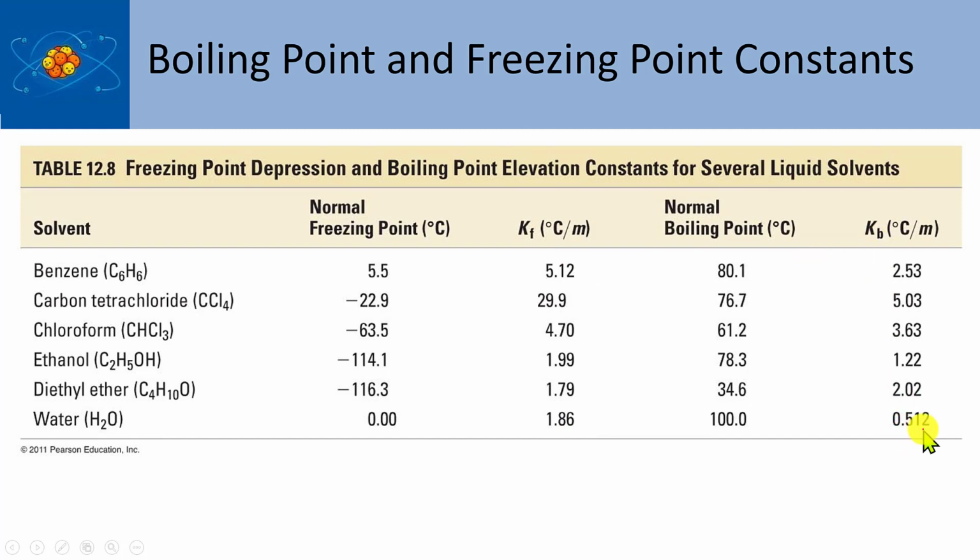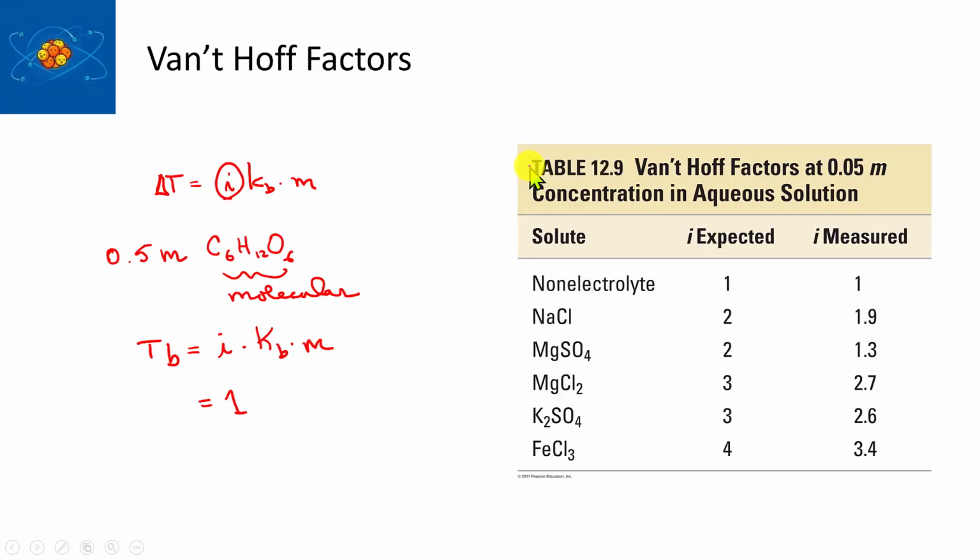It's 0.512 degrees Celsius per molality unit, and then we would multiply that by 0.5 m. So that comes out to be 0.256 degrees Celsius.